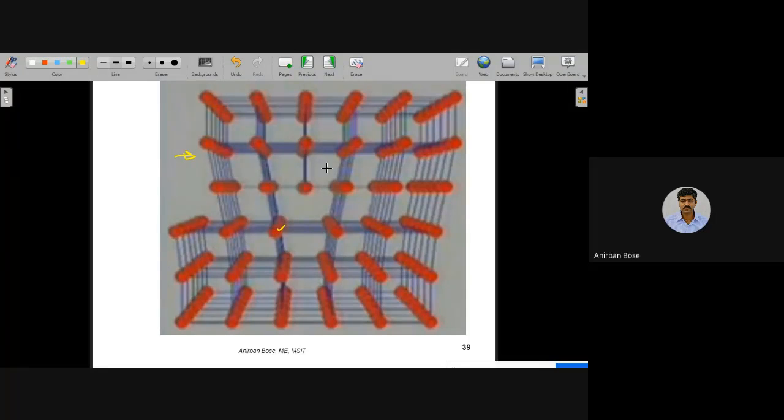But this set of atoms will not get any atoms with which they can make a bond, because these bonds are actually not cut. So you will get this kind of configuration. This part is clear or not? Can you visualize what experiment we have done?